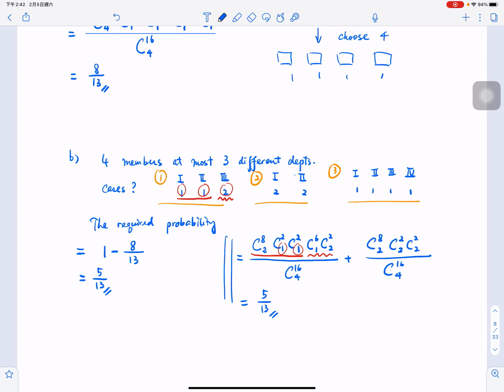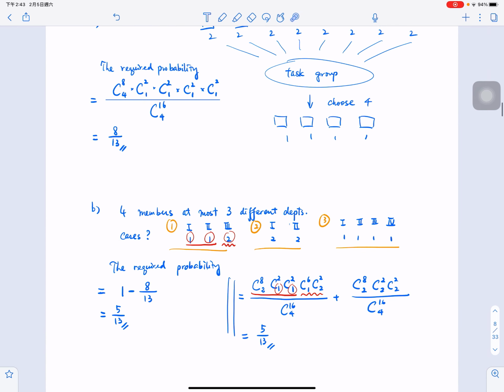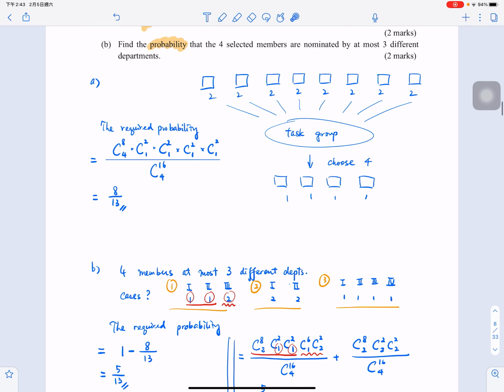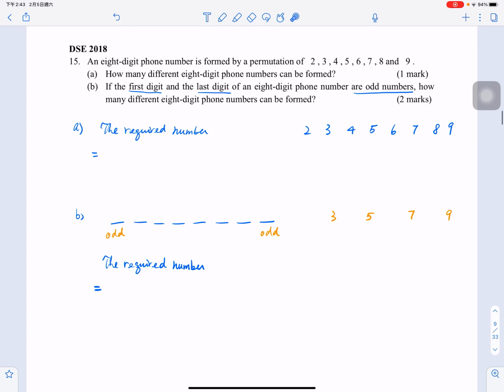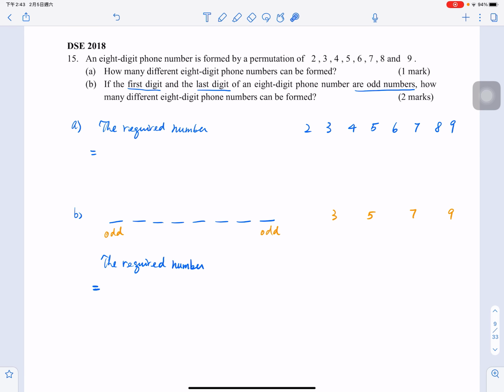Good, good. So I hope you can answer this question by using combination. This one is from 2012. Let's have a look at one example from 2018. An 8-digit phone number is formed by a permutation of 2, 3, 4, 5, 6, 7, 8, 9.